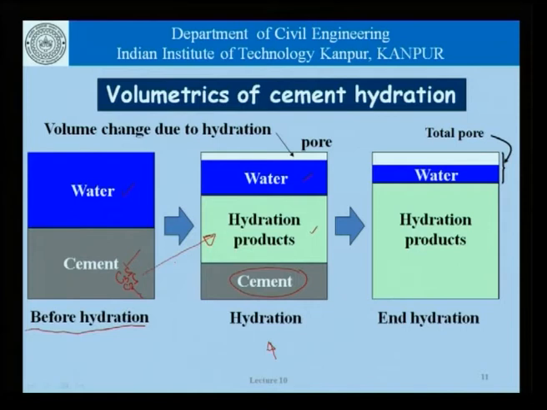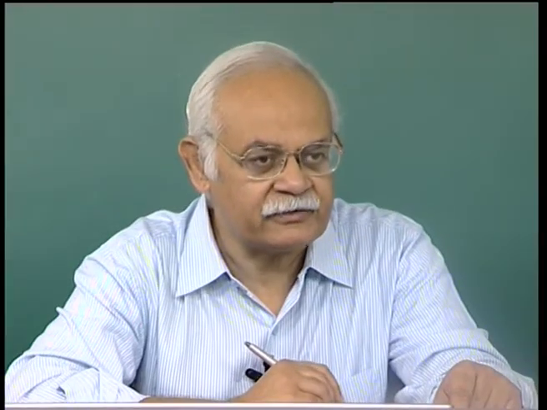Now, given the fact that hydration, that is the reaction of C3S, C2S and so on, involves a reduction in the volume, we get this amount of volume here, which is basically pore space. So, the amount of unhydrated cement plus hydration products plus remaining water, which is up to this point here, is slightly smaller than the original volume which stood at this level.